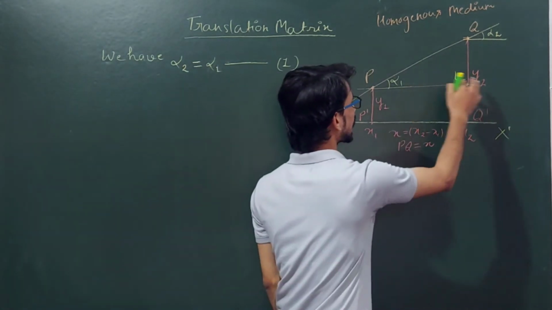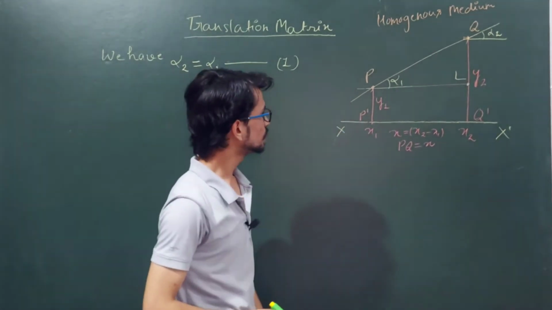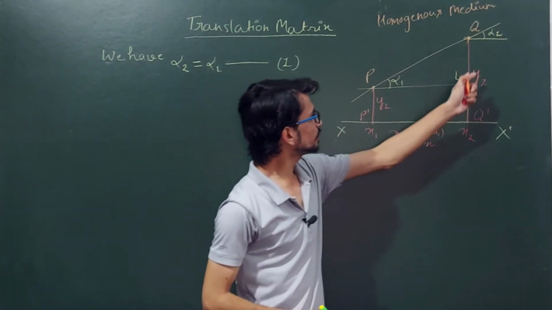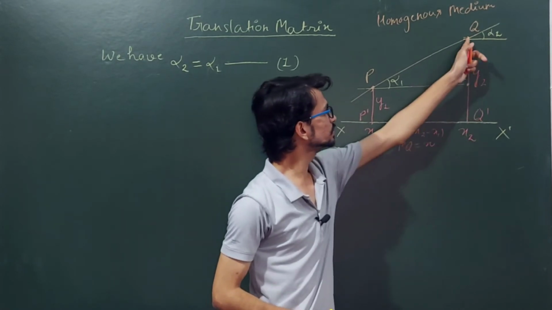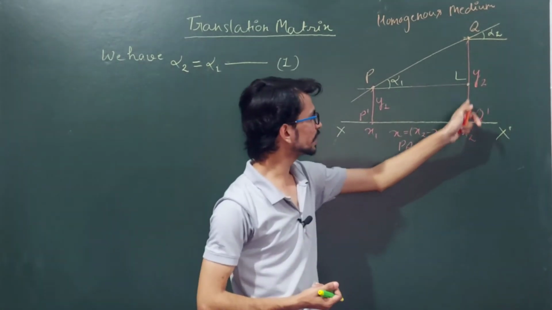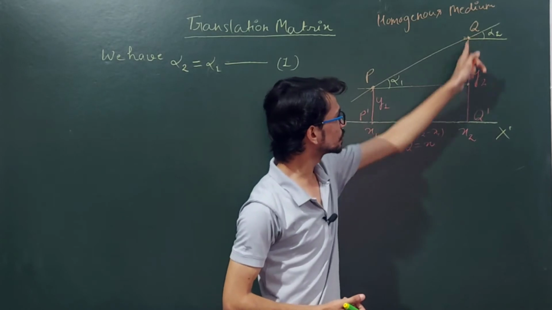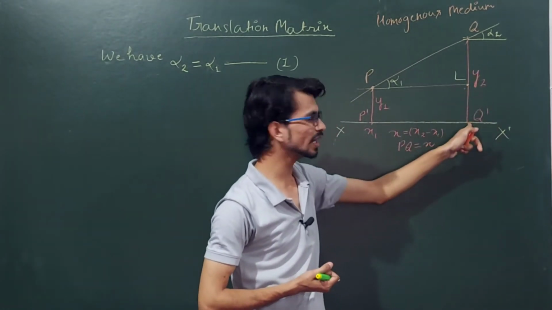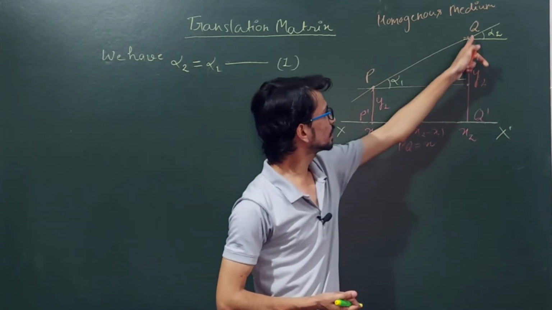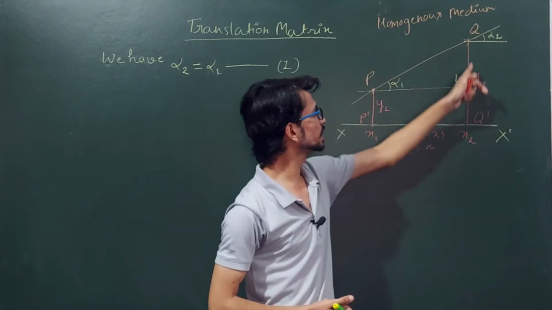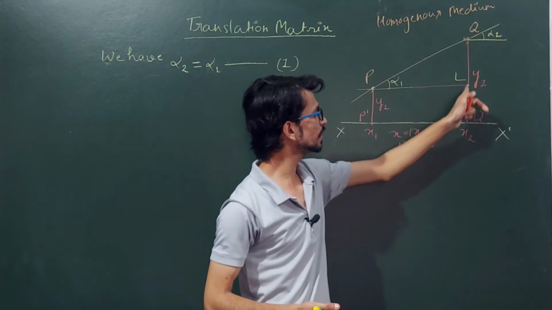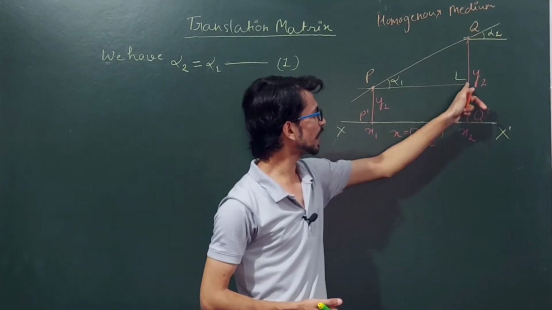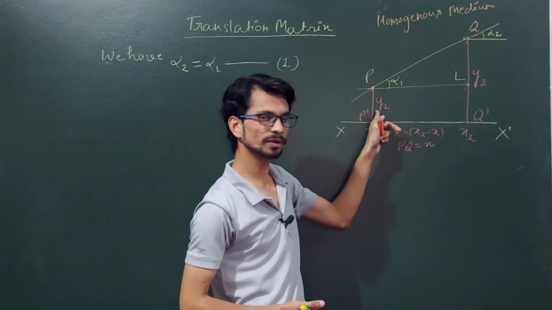Now what about y1 and y2? In order to find the value, this is y2 here. I can take y2, this complete distance QQ dash, as the addition of QL plus LQ dash. So LQ dash is nothing but this y1.